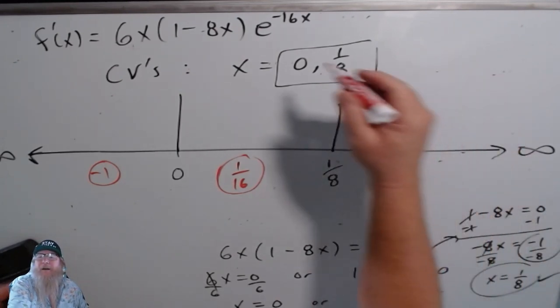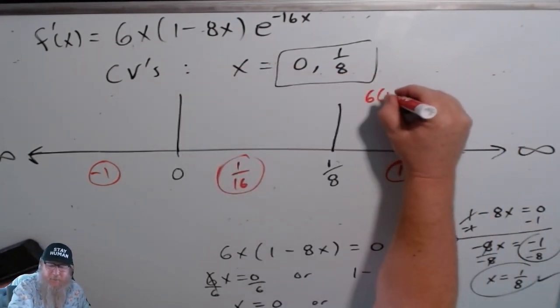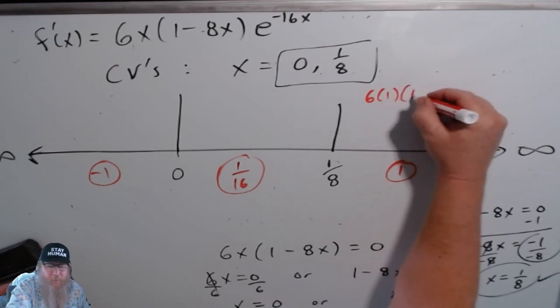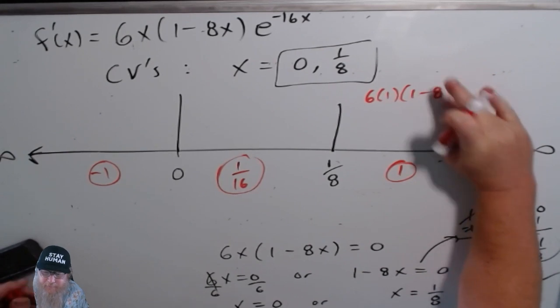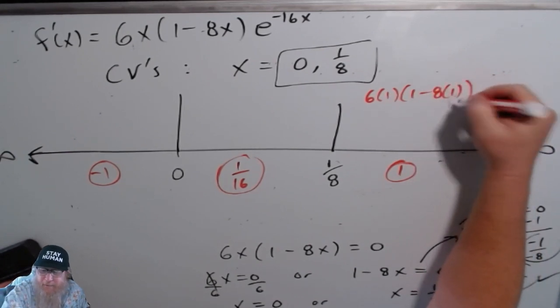I'll start over here. So I've got 6 times 1 times 1 minus 8 times 1. Might as well show it.